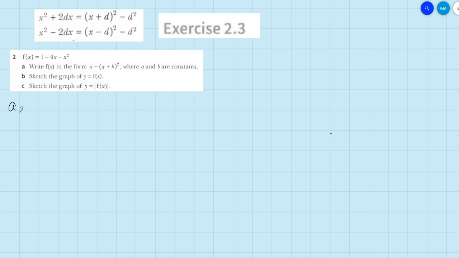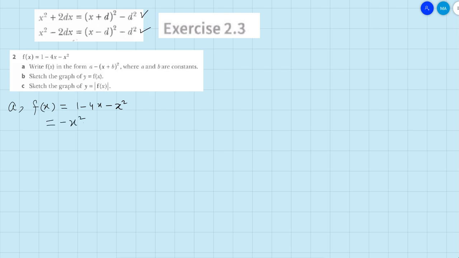So f(x) is given: 1 minus 4x minus x square. You can see on top of the screen two formulas I mentioned for you, especially for those who are watching first time and learning first time how to convert the given expression into square. First we have to write the x squared term first.